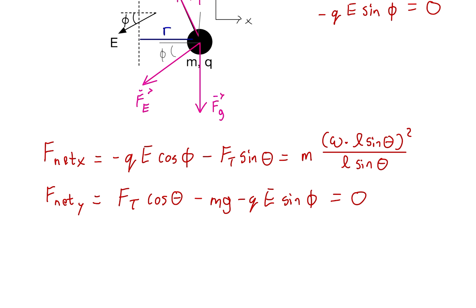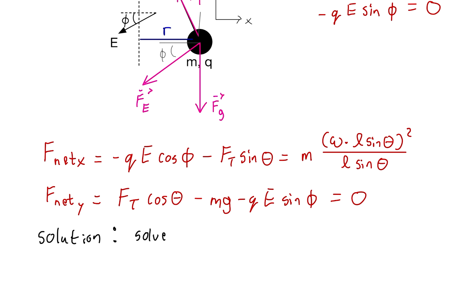Well, I'm going to just describe this step because I want you to work it out. This is the solution. You solve the top equation, F net x, for cosine of phi. Okay, just isolate the whole cosine by itself. That's going to leave a big fraction on the other side.